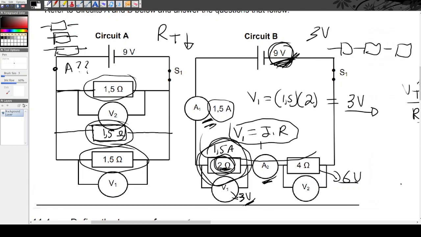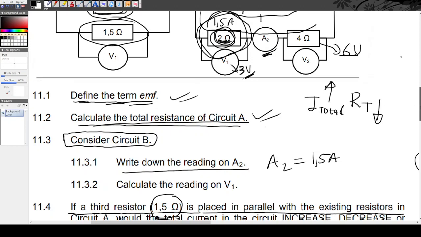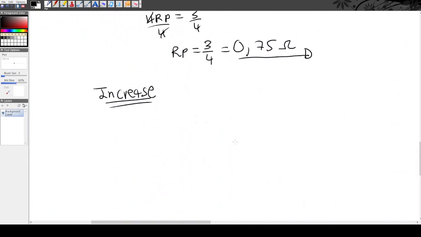So if total resistance RT drops, it means I total will do what? Will increase. Why? That's because of Ohm's law. Ohm's law states that the potential difference across a conductor or a resistor is directly proportional to the current that passes through this resistor or a conductor at a constant temperature.